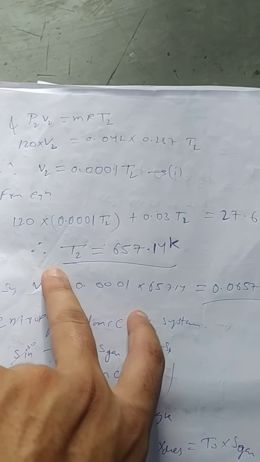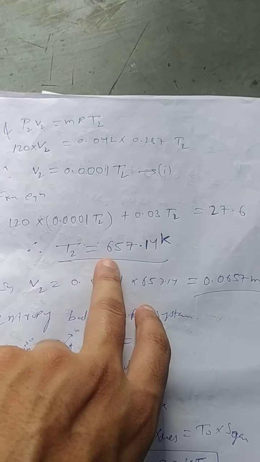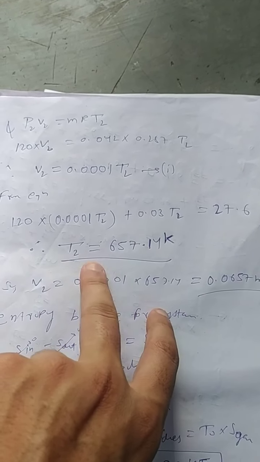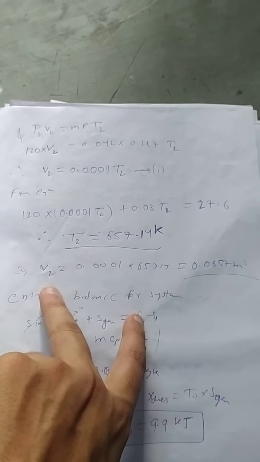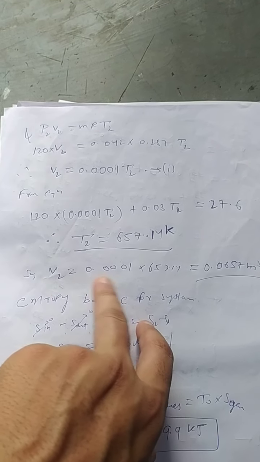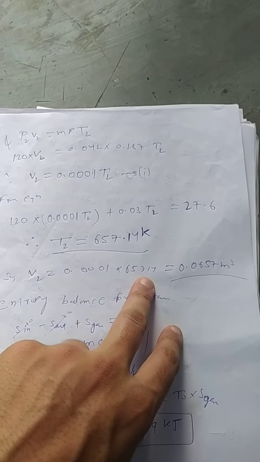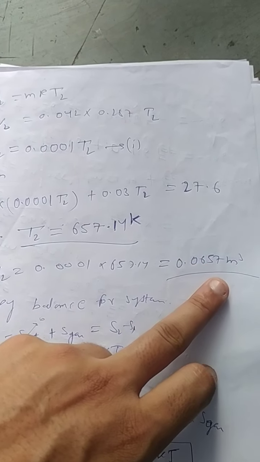Solving this equation, we get the temperature at the final state, T2, as 657.14 Kelvin. So from equation 2, putting this value here, the volume would be 0.0657 meter cube.